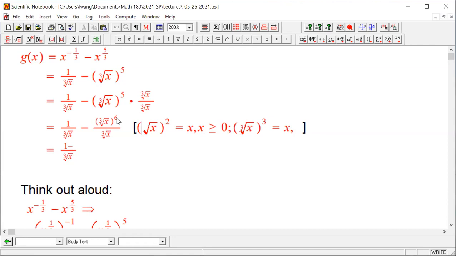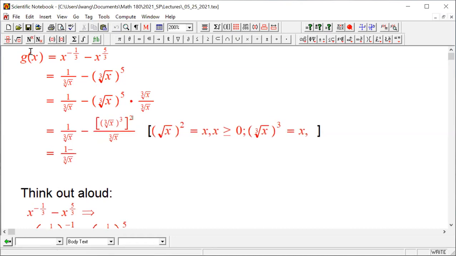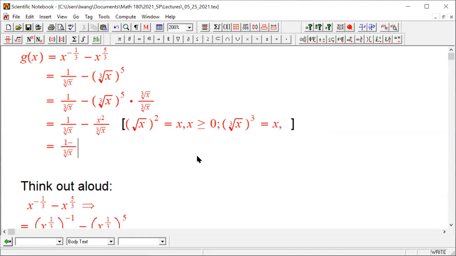Now you have a to the power 6. To the power 6 can be seen as what? To the power 3, to the power 2. Is that right? So what do we get here? Would it be x squared? That's right. So now here is x squared.